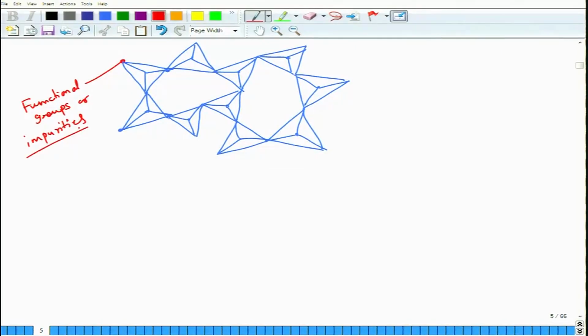So, for instance, let us say SiO4 4 minus, instead of sharing with 4 polyhedra, you are sharing with only, let us say, 3 polyhedra.